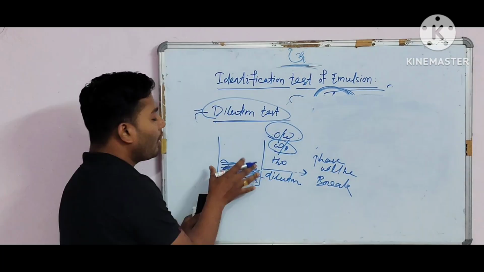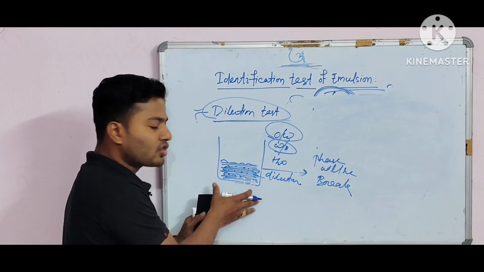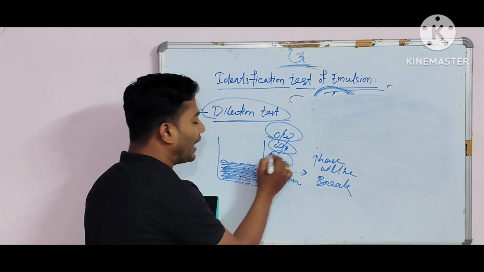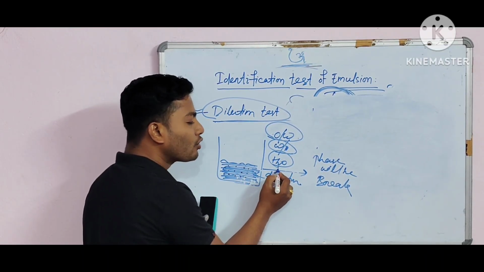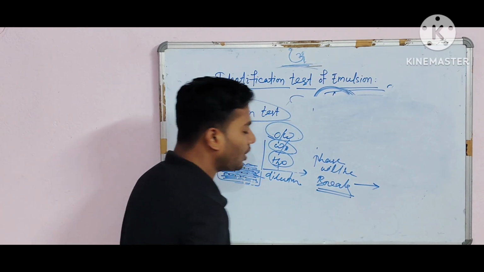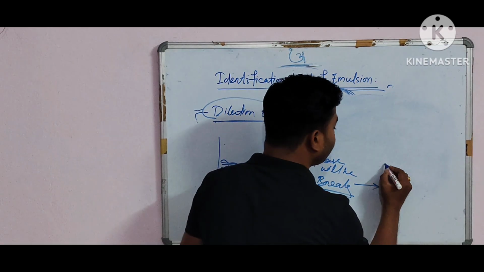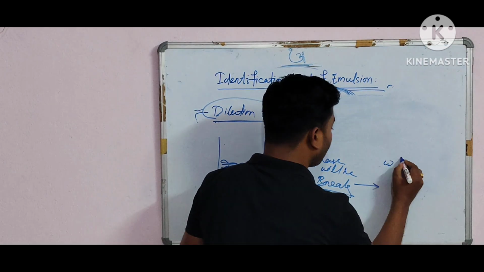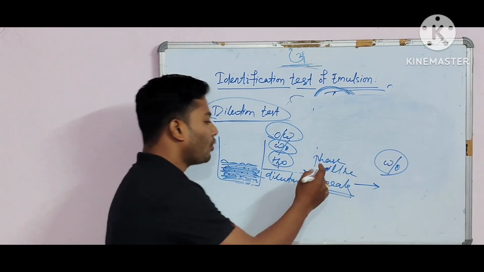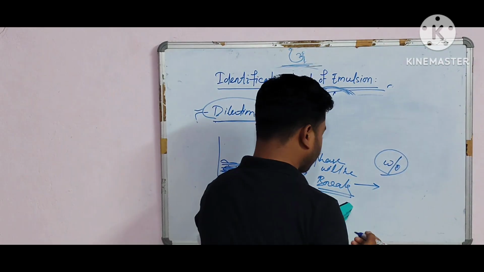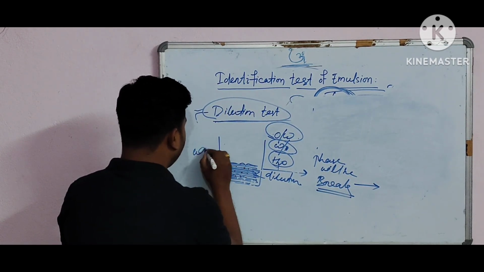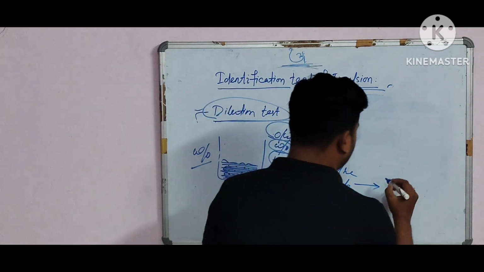After dilution with water, if the phase breaks, which type of emulsion is it? Definitely you can say that it is the W/O type of emulsion. So how? Let's see the diagram. That is the W/O type of emulsion.